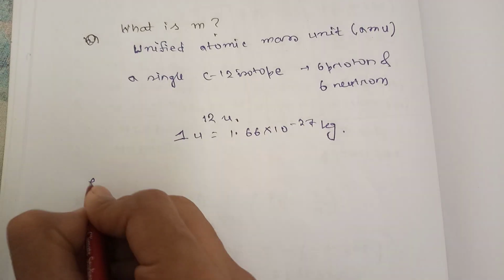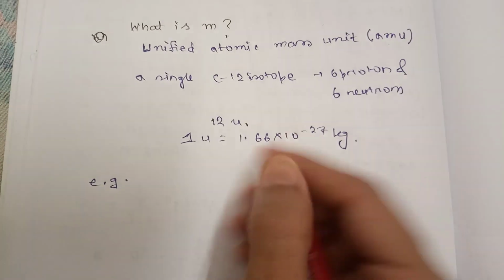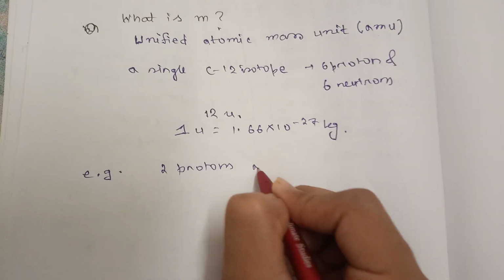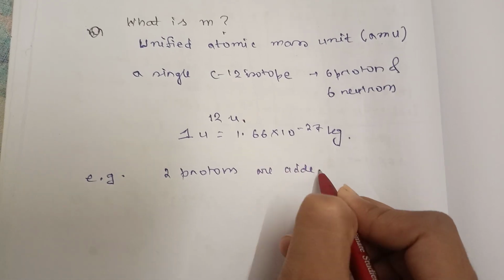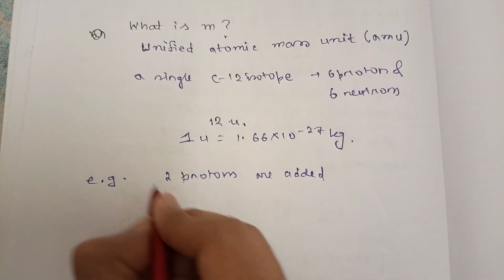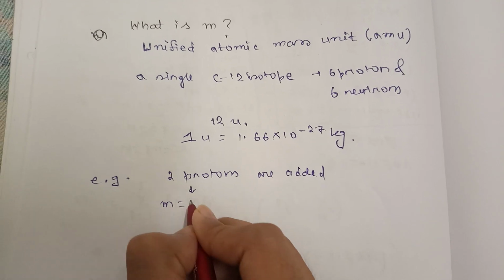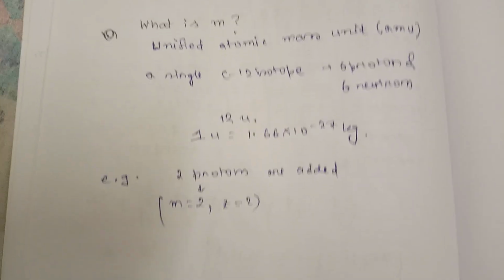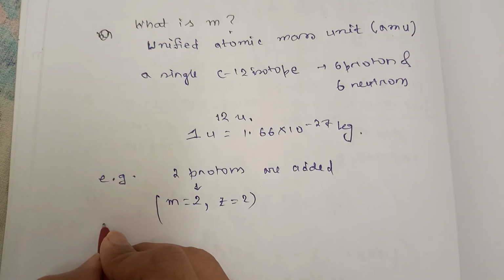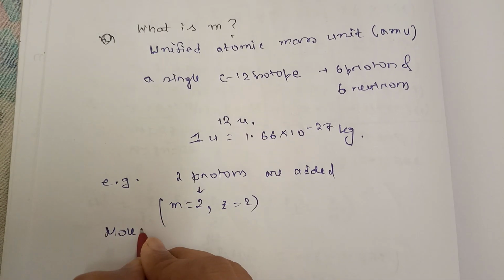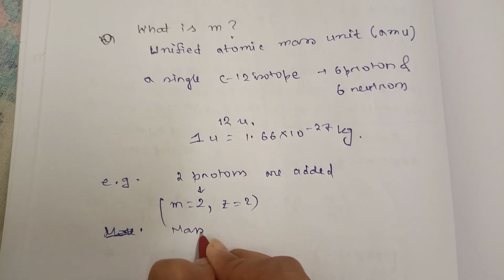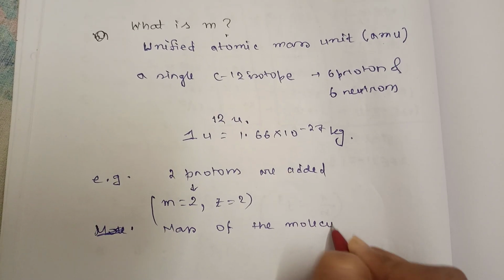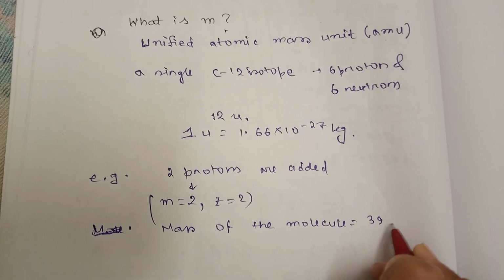So for example, let's say 2 protons are added. 2 protons means m equal to 2 and z equal to 2. Now suppose the mass of the molecule was 399.